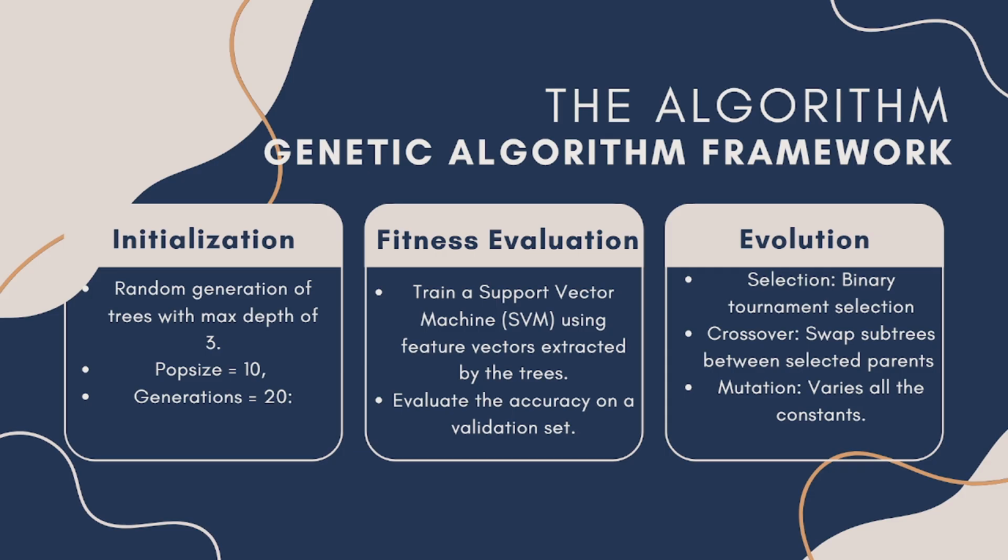This selects one crossover point in each parent, and takes the sub-tree from the second parent and replaces the crossover point in the first parent with it. And the last one is the mutation operator, which only varies all the constants in the class.